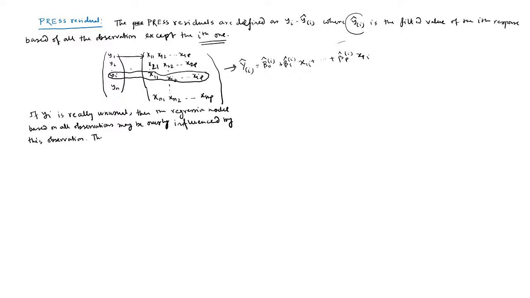This could produce a y hat that is similar to yi, and consequently the corresponding ei will be small.